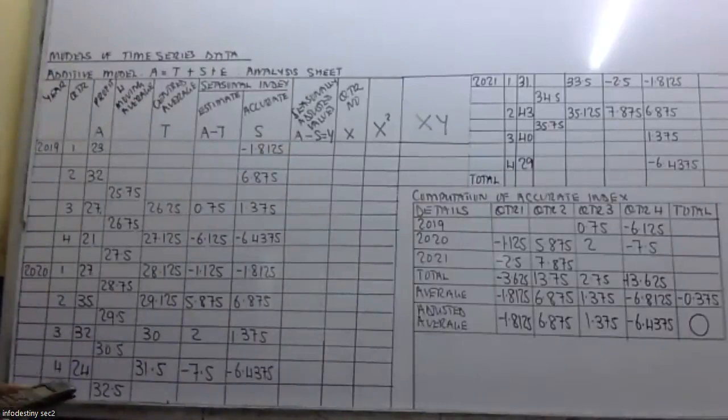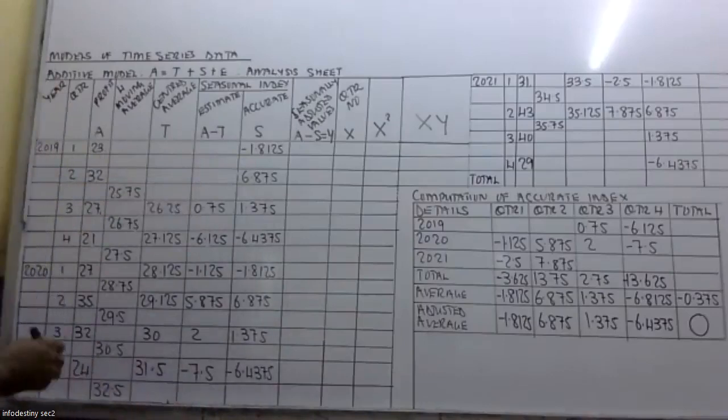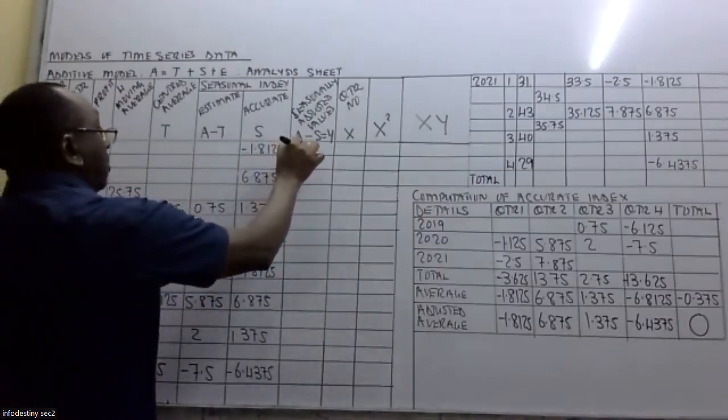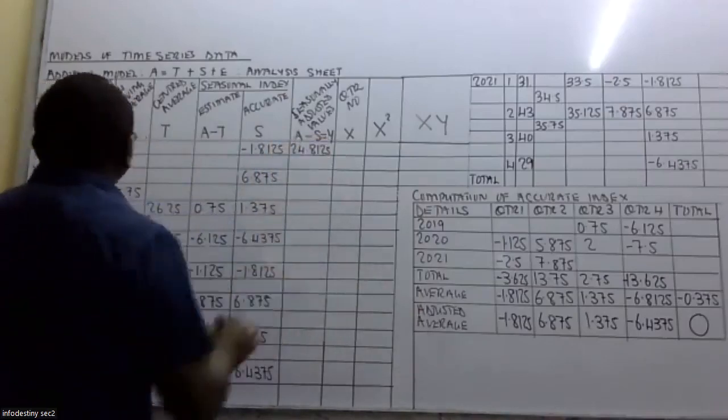The formula is very clear. It is A minus S. So the first one will be 23 minus 1.8125, which is 24.8125.